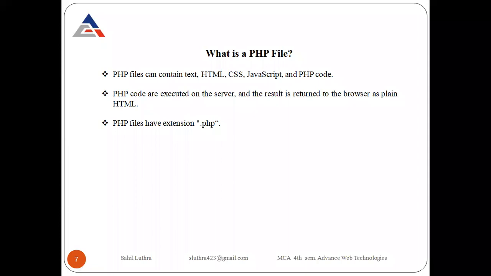If someone asks you what is in your PHP file, you can say that there is text, there is HTML, it also contains CSS or cascading style sheets, it also contains JavaScript language, and the last one is PHP code itself, the program which you want to execute.